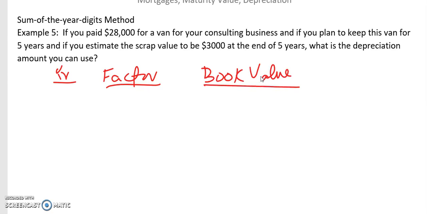Okay, so for the first year, it is going to be 5 by 15 times 28,000. It is going to be actually 25,000.